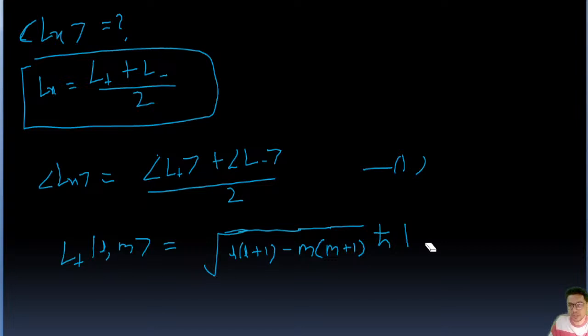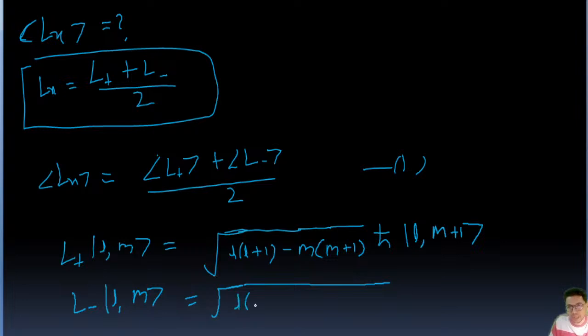The state will get increased. Very important formula. Similarly, if we operate L minus with this Lm function, it is going to be root L into L plus 1 minus m into m minus 1 h cut, and this is going to be L, m minus 1 because it is a minus, right? These are very important formulas, guys.